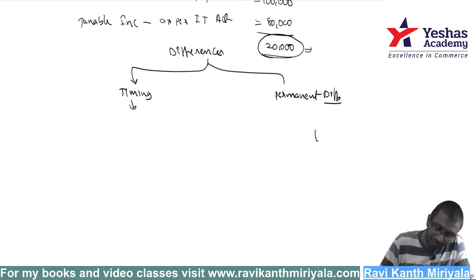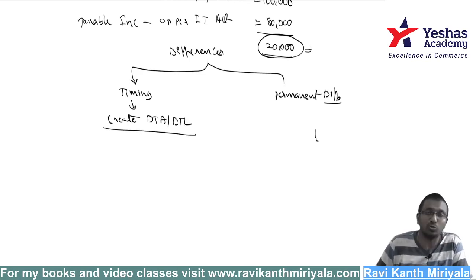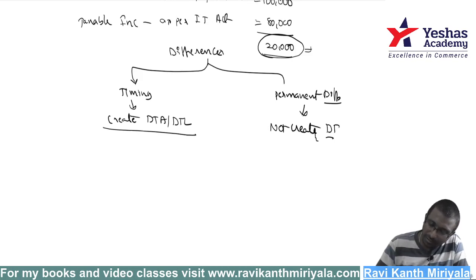If it is a timing difference, we create a deferred tax asset or a deferred tax liability depending on the situation. If it is a permanent difference, we do not create deferred tax. No deferred tax asset, no deferred tax liability in any circumstance. Got it?